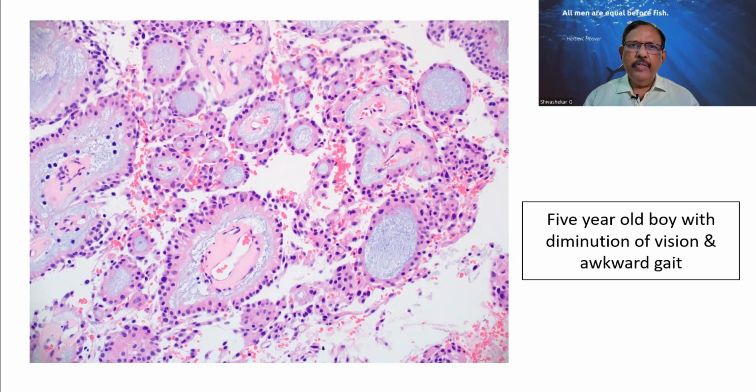In the last class of Glide the Slide, I had given you a slide with the history, which read as 5-year-old boy with diminution of vision and awkward gait. And this was a slide that was given. Anytime I would appreciate you people if you can notice the pattern of distribution of the cells.